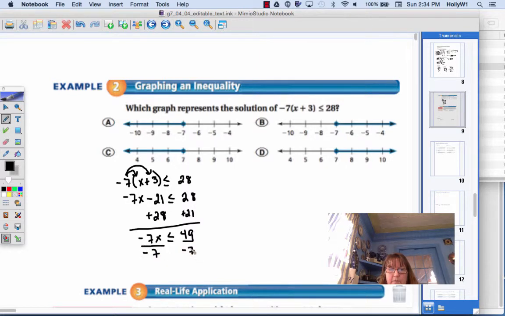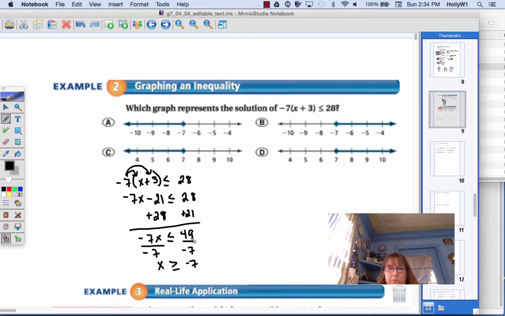And since we divided by negative 7, we have to swap that inequality. So we end up with x, oops, I said swap, I didn't. So greater than or equal to, and 49 divided by negative 7 is negative 7.